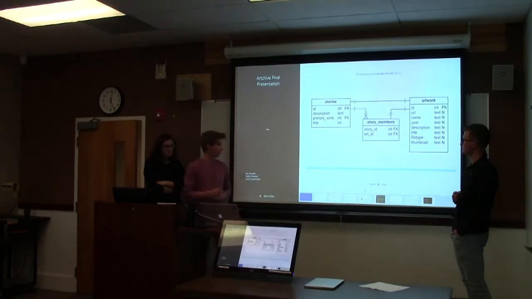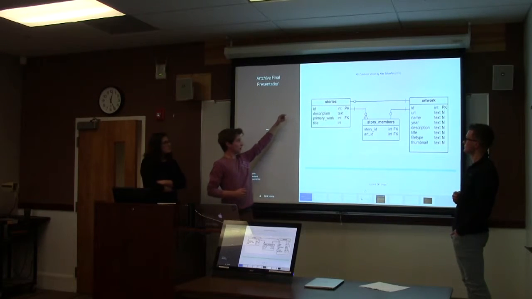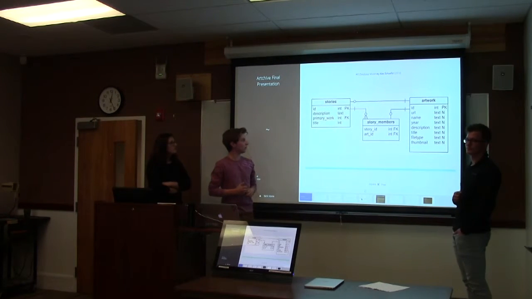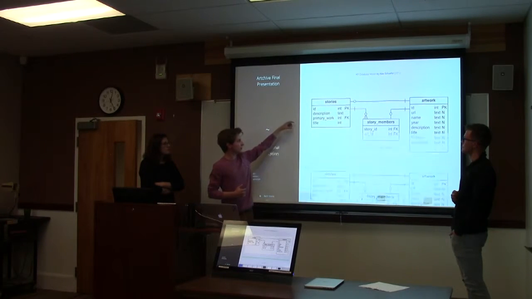Okay, so this is kind of our database model. There's stories, and stories consist of multiple artworks. There's a primary story, and then there's secondary stories. So stories have a description.